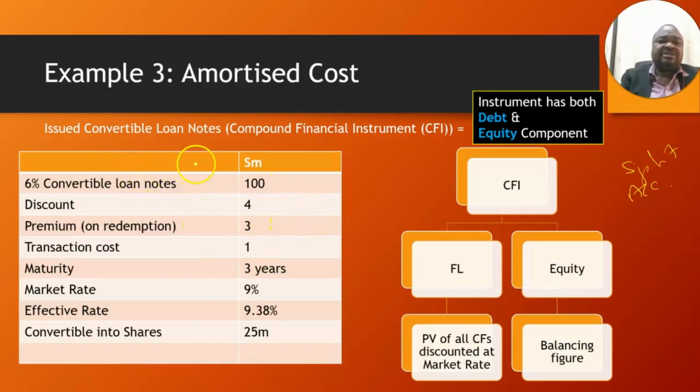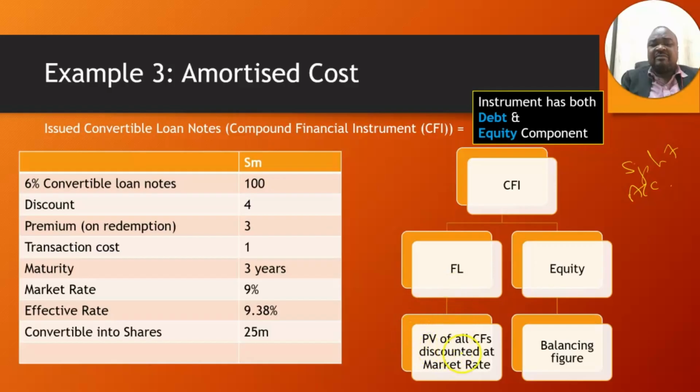So we have 6% convertible loan notes at 100 million par, discount 4 million, premium on redemption 3, transaction cost 1, maturity 3 years, market rate 9%, effective rate 9.38, convertible into shares. How many shares? 25 million. Compound financial instruments are split into a financial liability and an equity component.